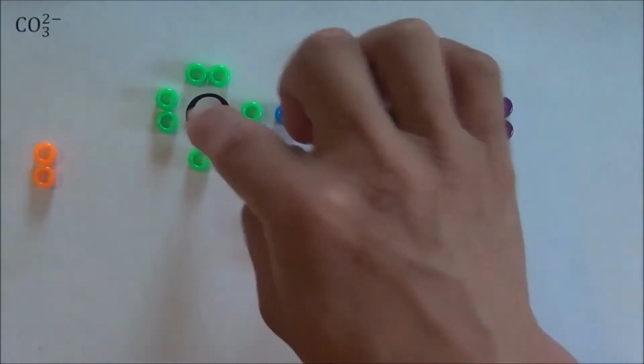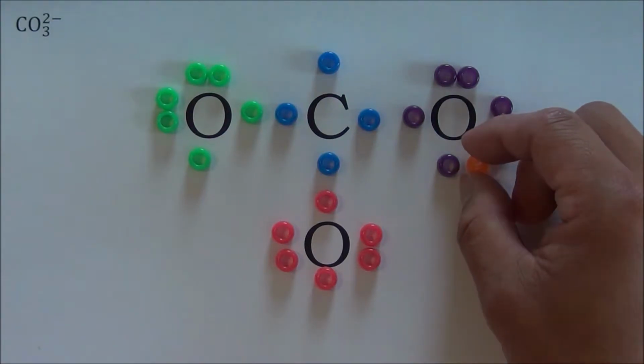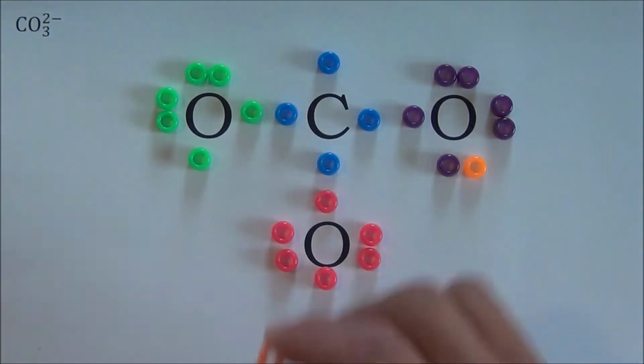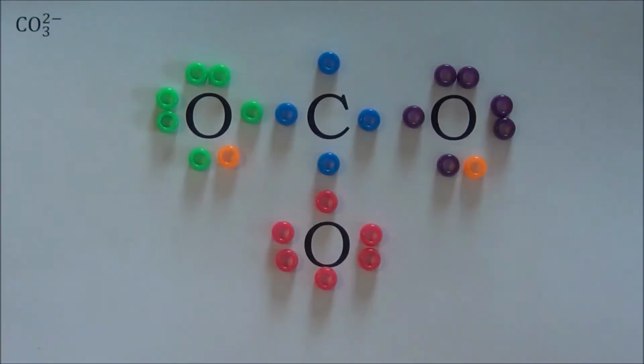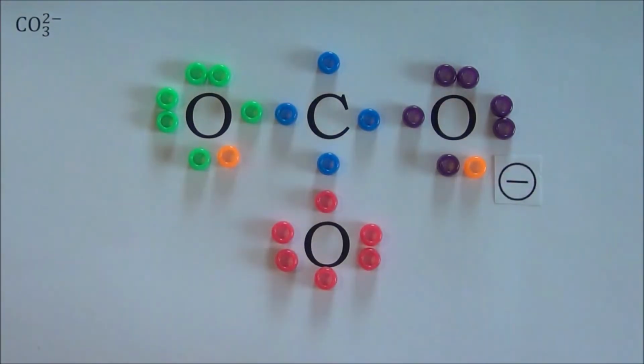Since we have 3 oxygen atoms, but we only have 2 electrons, you may wonder, how do we choose? Actually, it doesn't matter which 2 atoms you choose. Let's choose the oxygen atom on the right and the oxygen atom on the left. Every time when you add an additional electron, you put a -1 formal charge next to the atom.